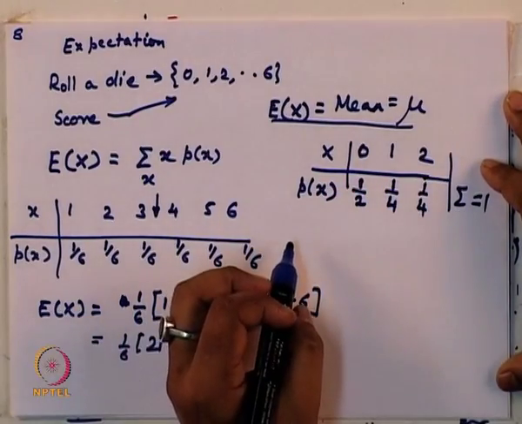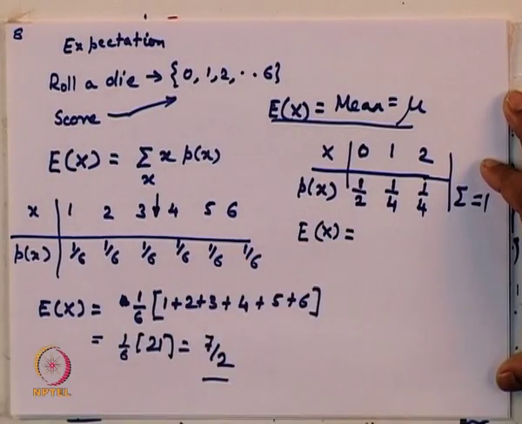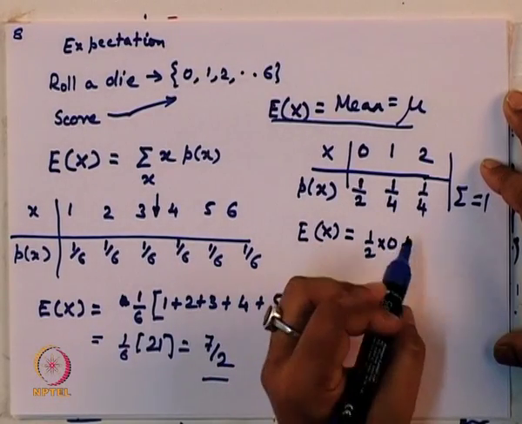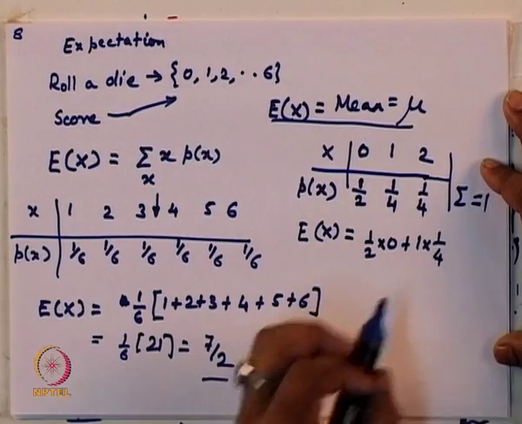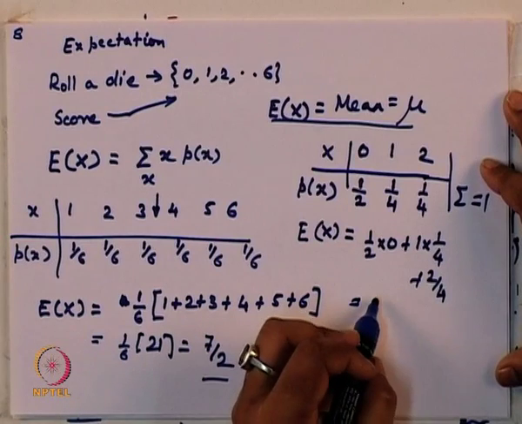Let us compute the value of expectation in this case. E of x will give you a value of half into 0 plus 1 into 1/4 plus 2 into 1/4. So, 3 by 4.